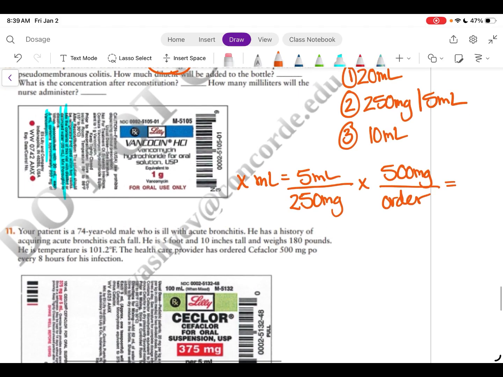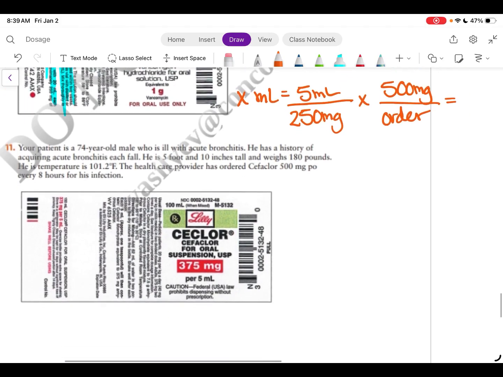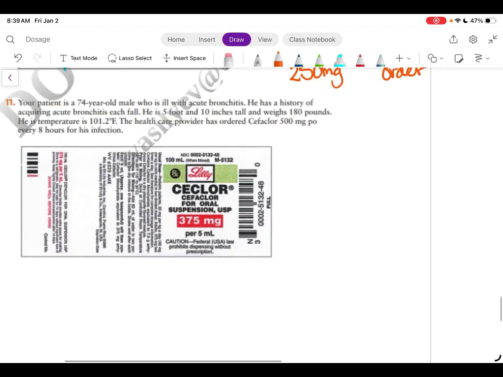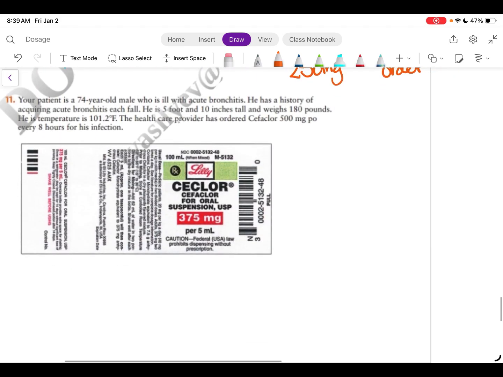All right. Number 11, which I think is our last question. Yeah. Your patient is a 74-year-old male who's ill with acute bronchitis. He has a history of acquiring acute bronchitis each fall.